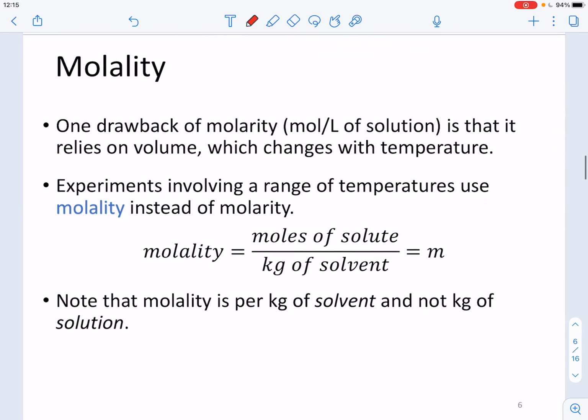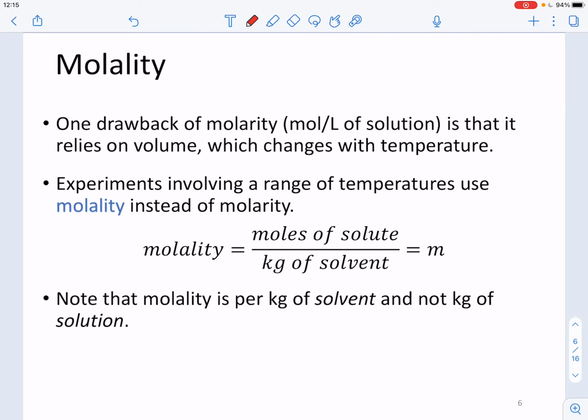Another concentration that we will be using is the molality, and I want to stress the difference here. So we are looking at molality versus molarity, and the difference is right here. In molarity we have an R, in molality we have an L, and the meaning is quite different.